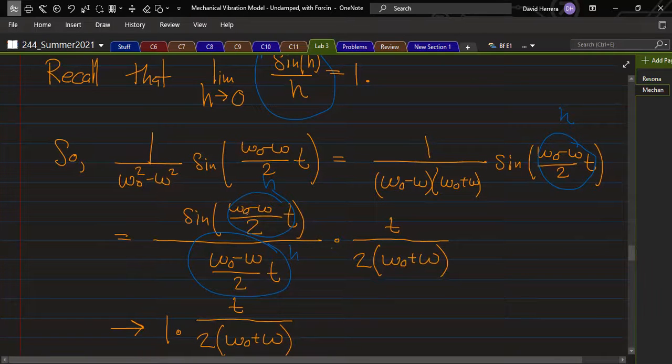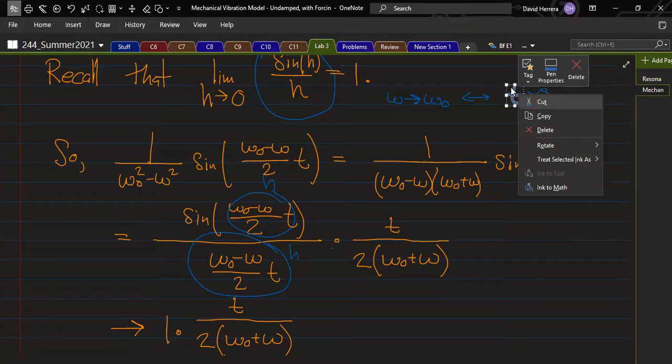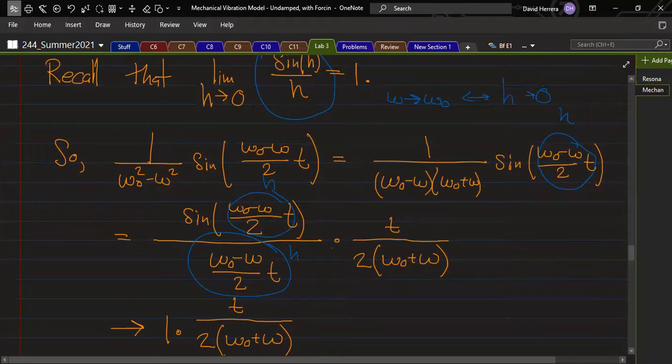Now when I take the limit as omega converges to omega naught, that's the same thing as t converging to 0, because t is their difference divided by 2. I apologize, it's h. h converging to 0, because h is their difference divided by 2 times t.